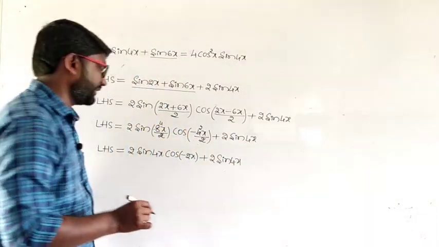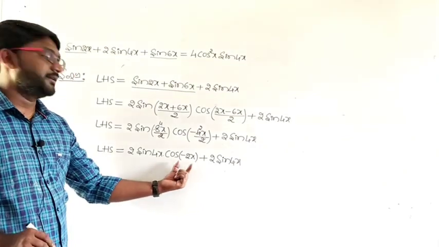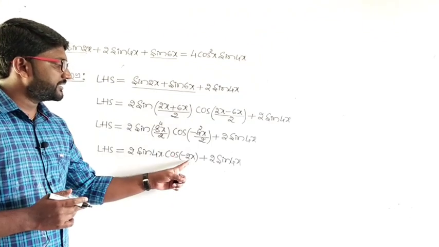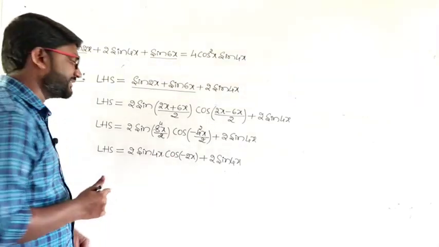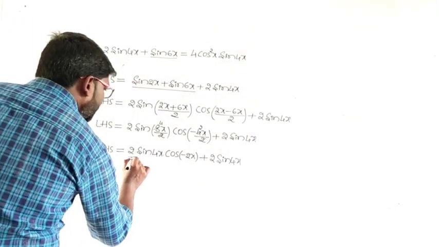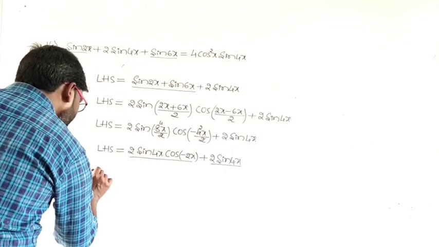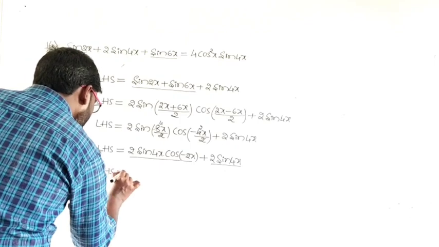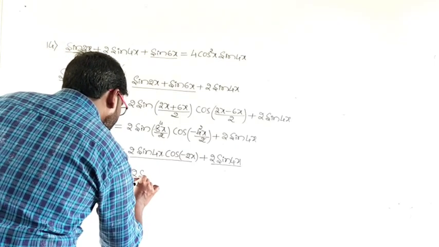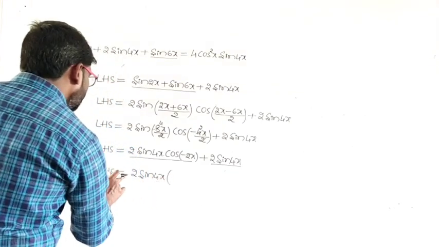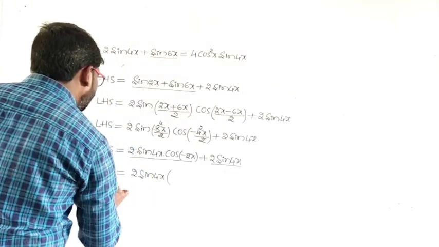Cos of minus x is cos x, so here cos of minus 2x becomes cos 2x. In these two terms I can take 2 sin 4x as a common term. Left hand side is equal to, take 2 sin 4x outside, then write the remaining terms.